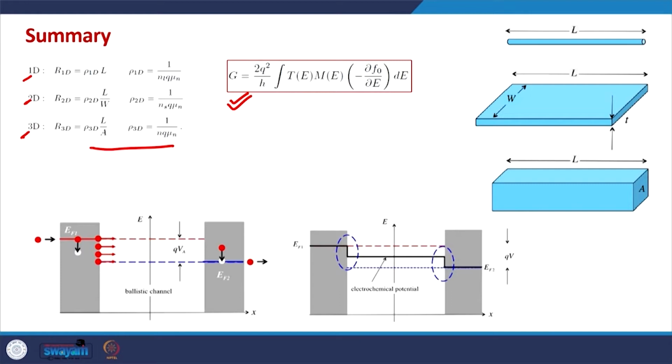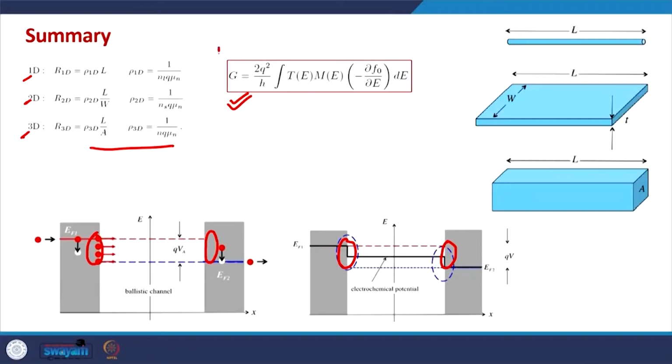Apart from this, we saw that in a ballistic conductor, the power dissipation takes place at the contacts. Half of the power is dissipated at the left contact and half at the right contact. Similarly, the voltage drop also takes place at the contacts. This is quite opposite to what happens in conventional macroscopic devices. So these are some new things.